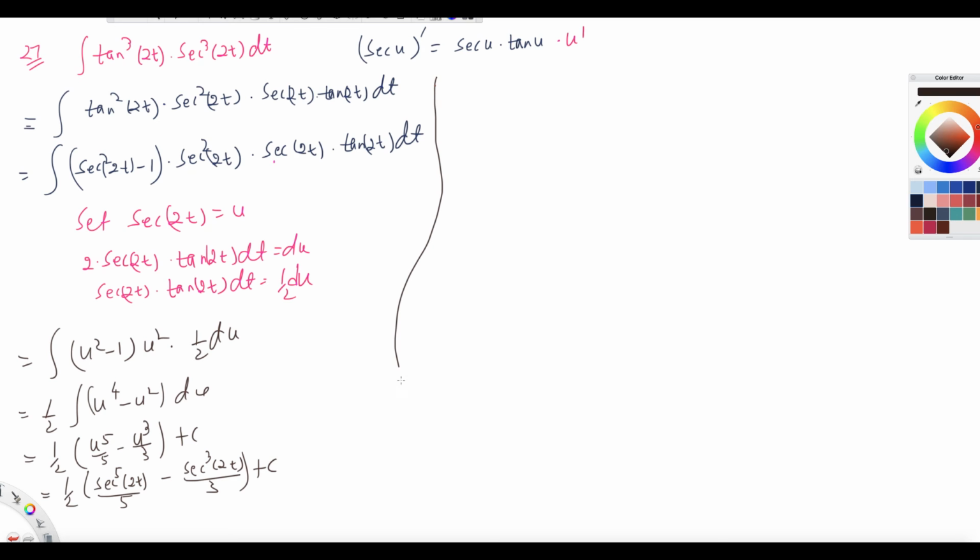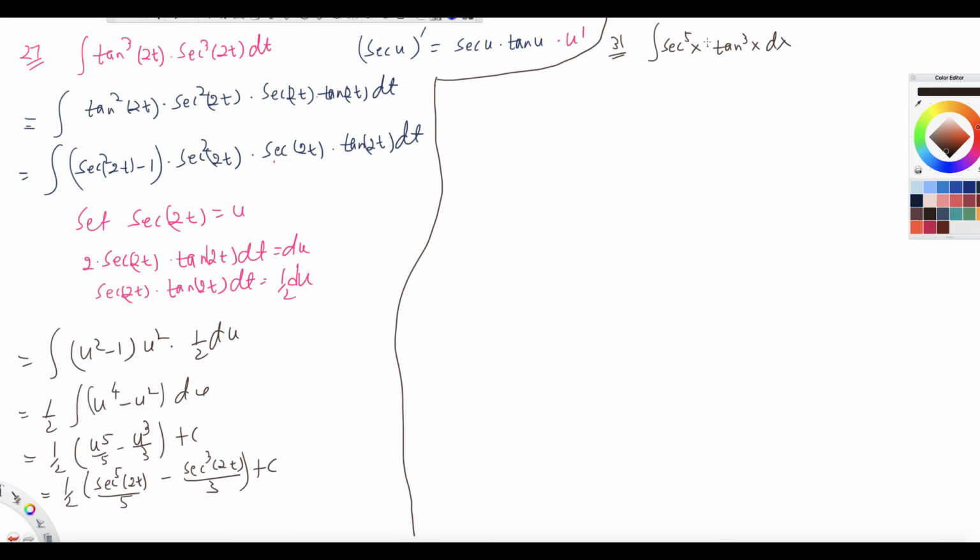So the next example I want to do is question number 31 from the book. It is the integral of secant 5x times tangent 3x, tangent cubed x, dx.